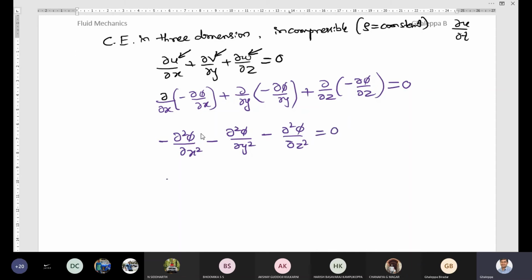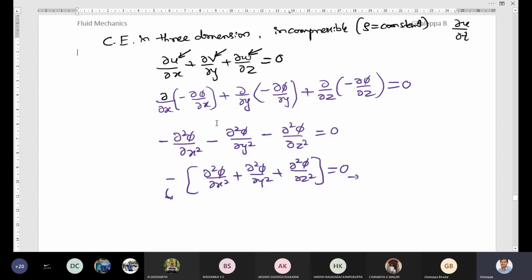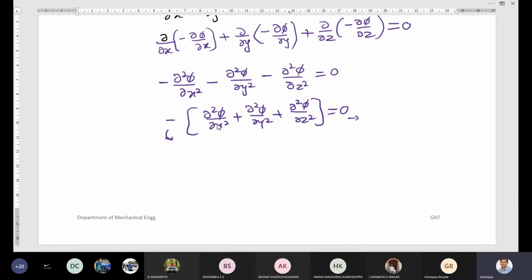Dear students, you take minus common in all the terms. So if you take minus common, dou square phi by dou x square plus dou square phi by dou y square plus dou square phi upon dou z square is equal to 0. If you send this minus sign to the right hand side, the equation will be dou square phi upon dou x square plus dou square phi upon dou y square.